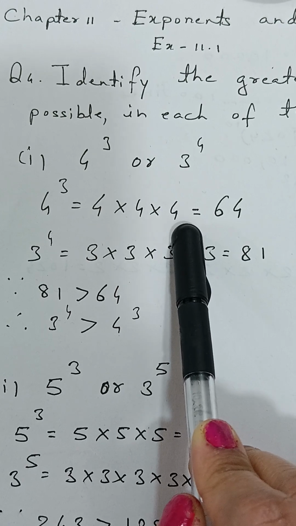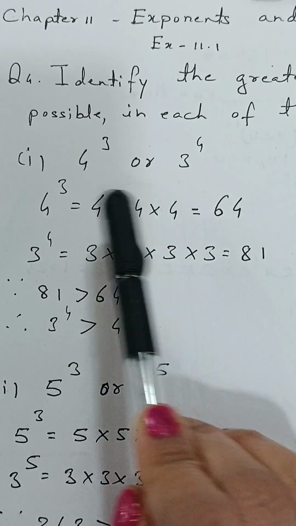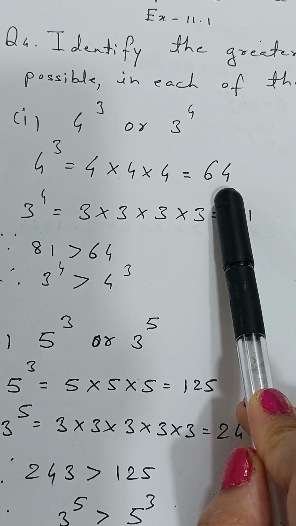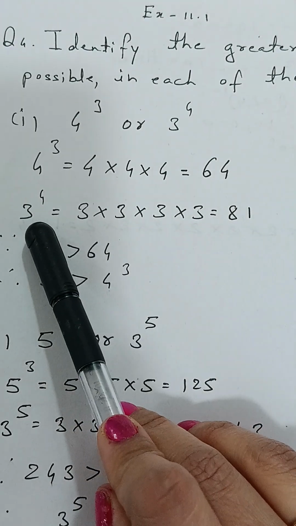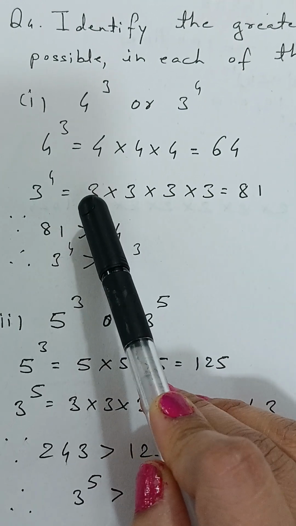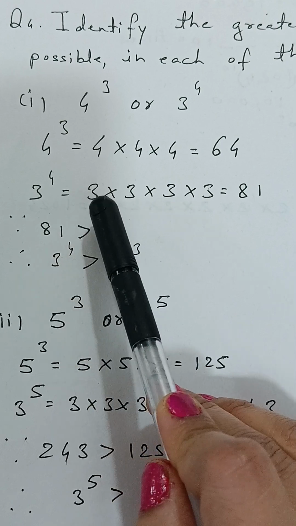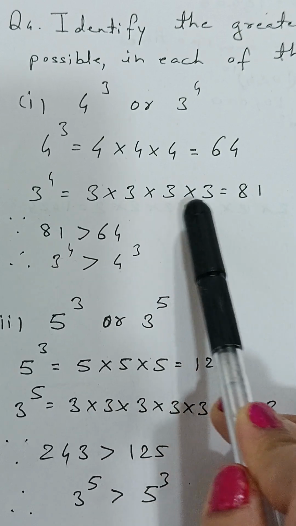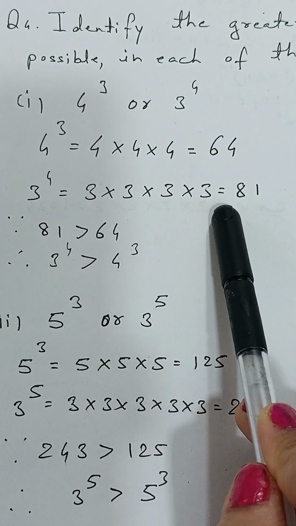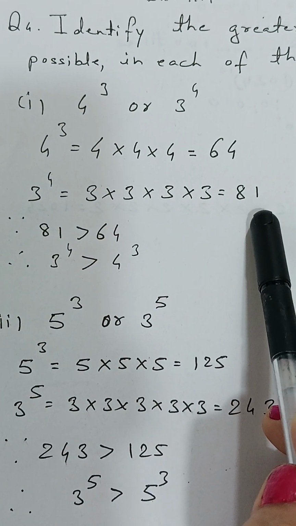You multiply 4 three times because the power is 3, which will come to 64. The other number is 3 raised to the power 4, which you will write as 3 into 3 into 3 into 3. You have to multiply 3 four times, which will come to 81.